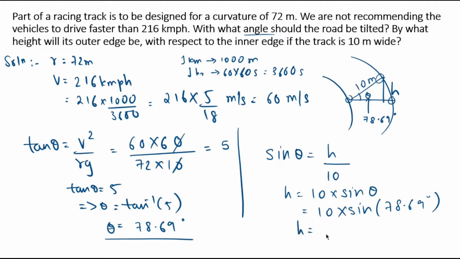So calculating the sine 78.69 degree, we get h to be 9.8 meter. So this distance is 9.8 meter. This distance does not traverse through the track, but is actually the height difference between the outer edge and the inner edge. Let's look at the next sum.